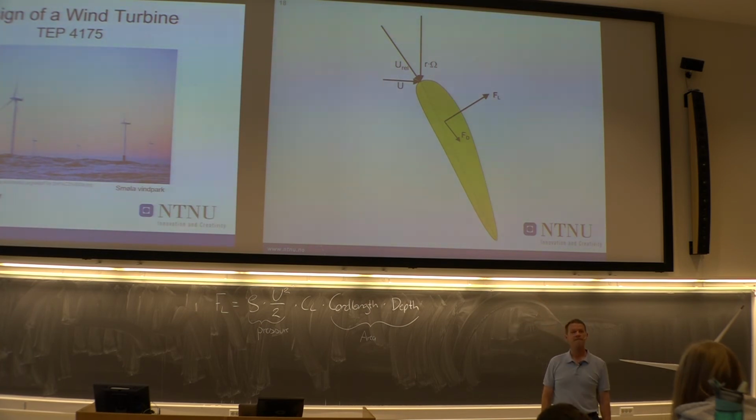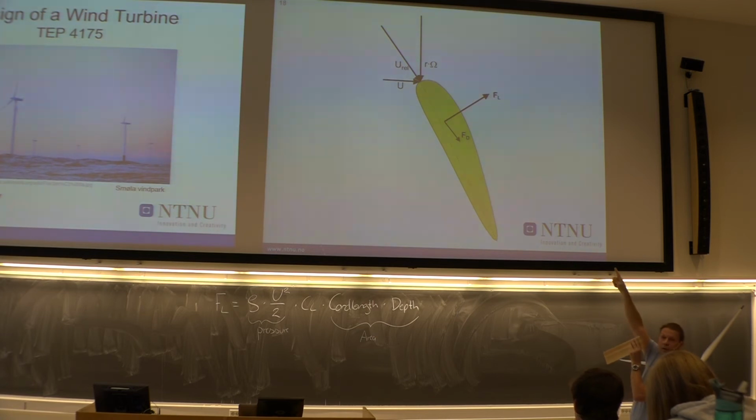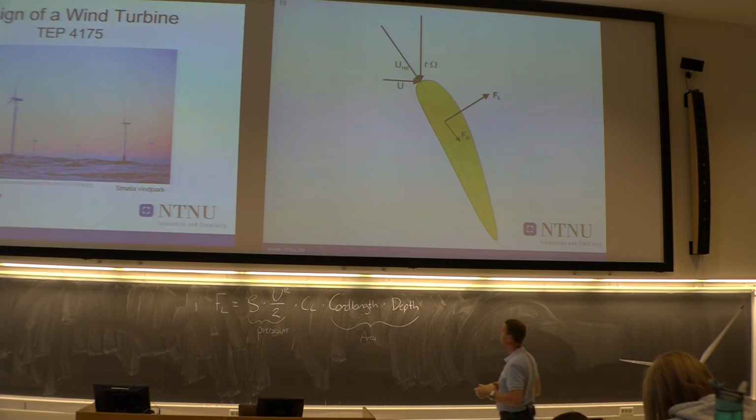You see? So if I'm sitting here, going upwards, the relative velocity of the wind I'm feeling is coming from somewhere up there. That is the sum of these components.